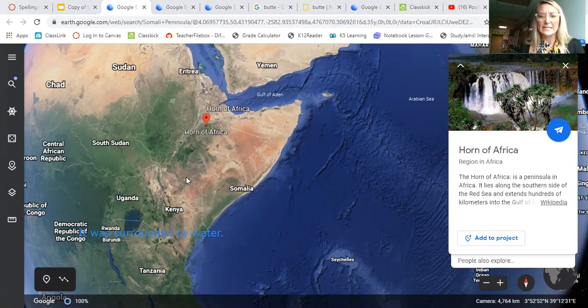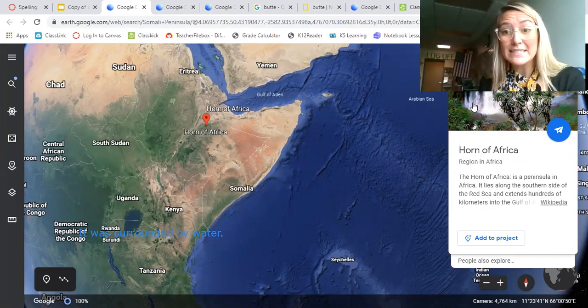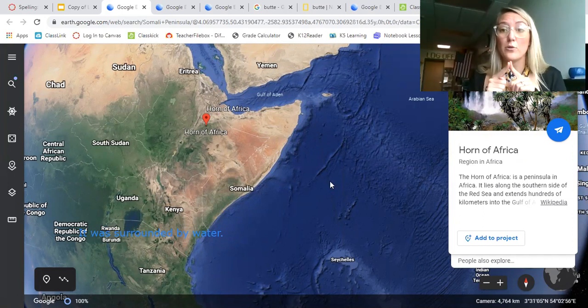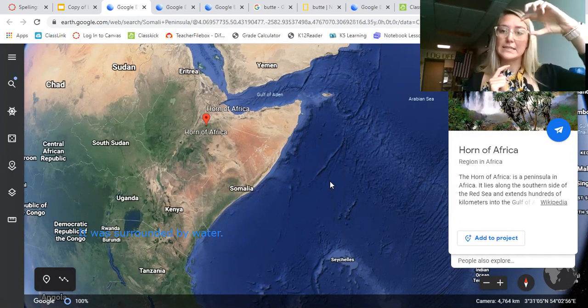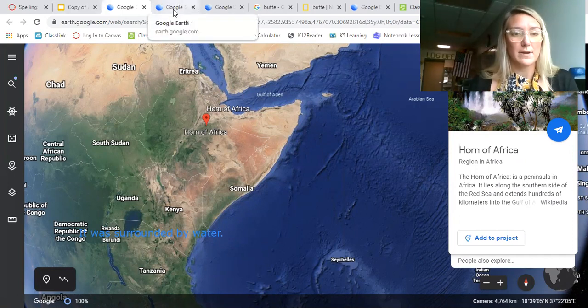Now we have a state in the United States that does a similar thing. Florida is actually a peninsula. Most of the area around Florida is water, but it is still connected to the larger landform of the United States of North America.